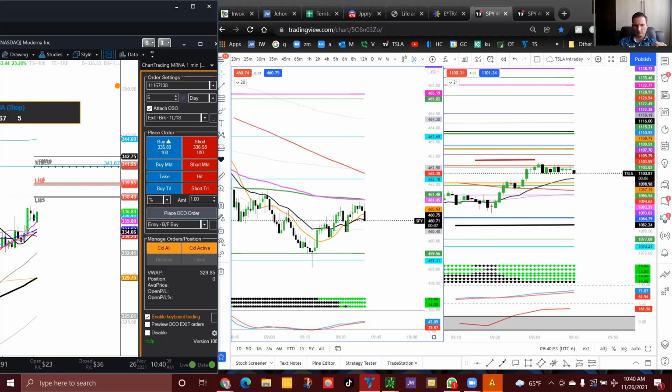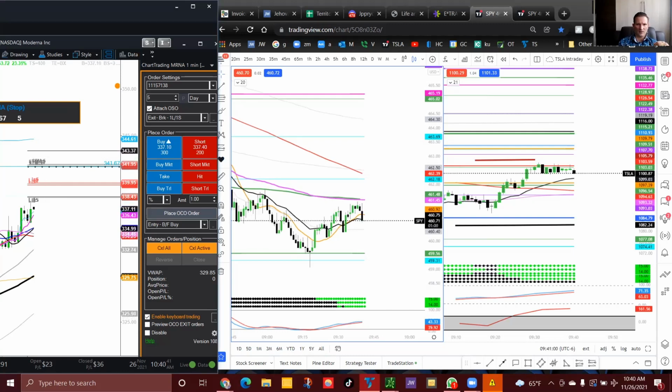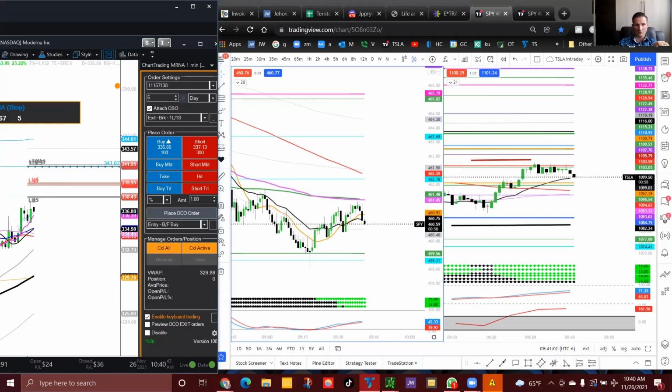So I'm going to put the stop loss $1.55 above the 342, because I will be adding if it pushes up to 342.